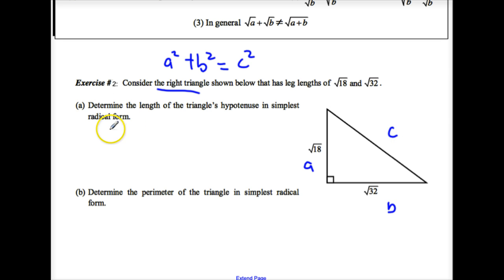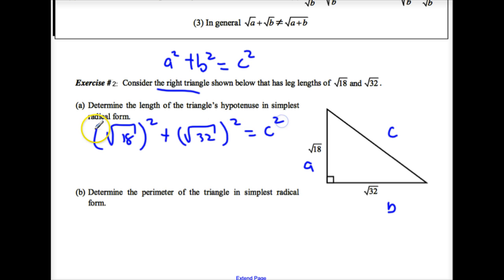So I want to write this now. Square root of 18 squared plus square root of 32 squared has to equal c squared. Now the square root and the square cancel off. I'm left with 18 plus 32 is equal to c squared.